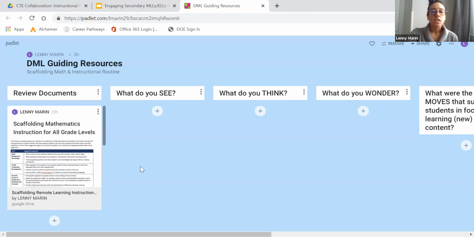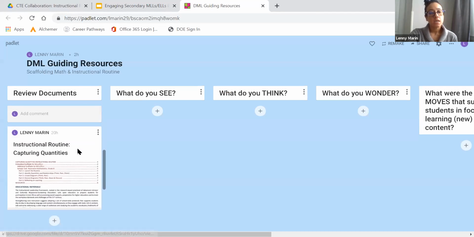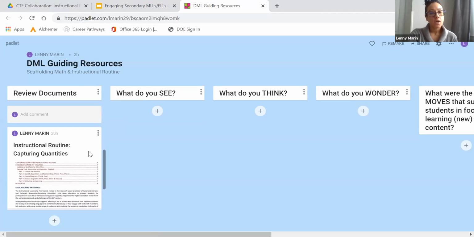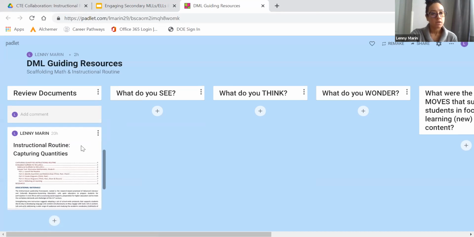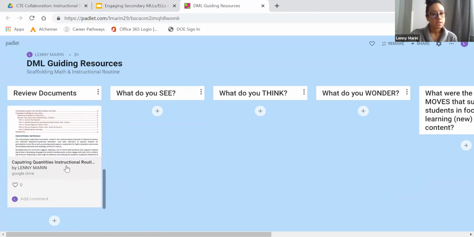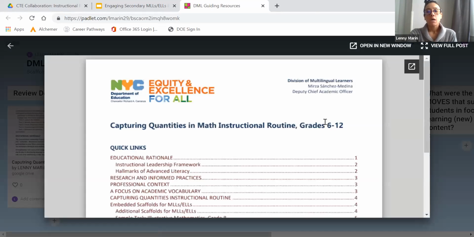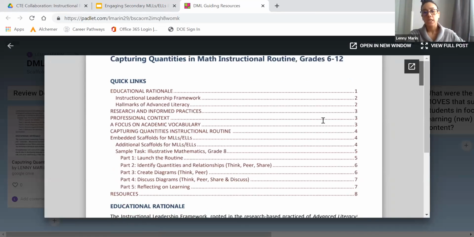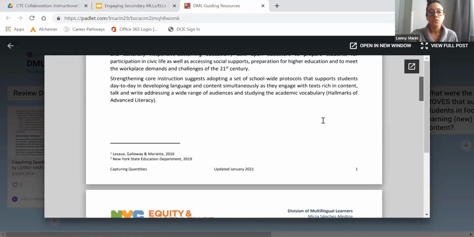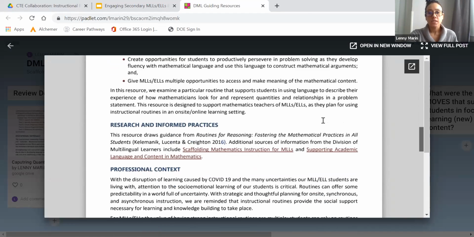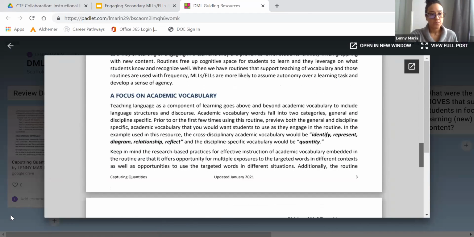And then the other document, it's a little bit more extensive, and it's the instructional routine document. The first part is just some quick links, and again, you're skimming through it. I know it's a lot to read, but you'll go over the document and its different parts.